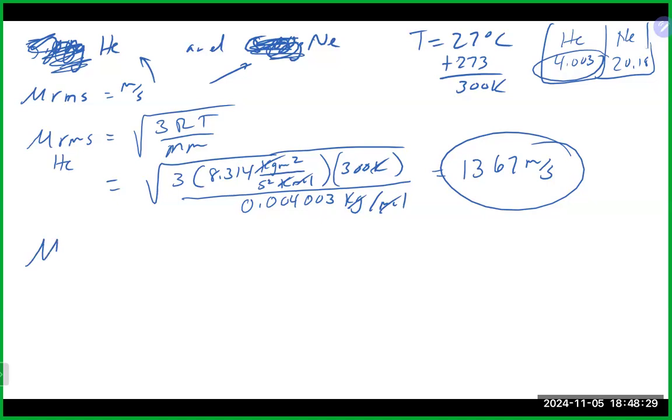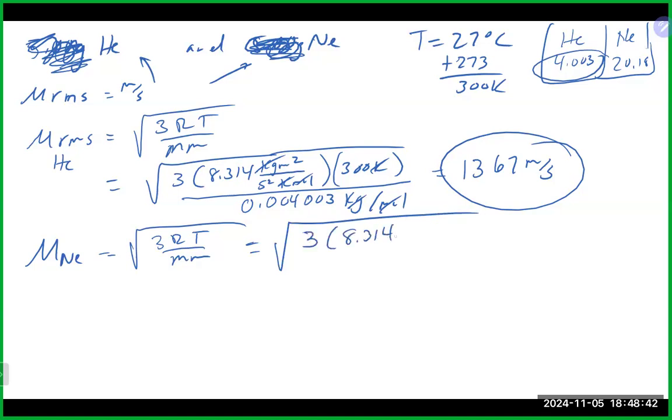We'll do the same thing here for our neon. And that's going to be our 3RT over the molar mass there of neon. Putting that in there, 3 times our 8.314 kilograms meter squared per second squared Kelvin mole, our 300 Kelvin divided by, again, we need to convert this into kilograms per mole. So move the decimal place 3 places to the left.